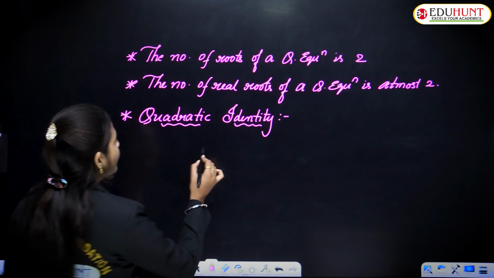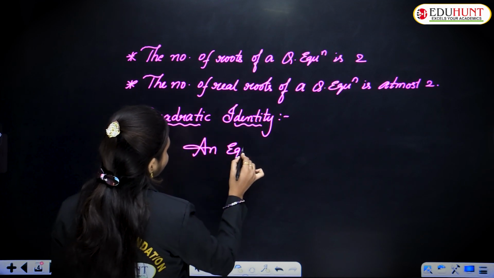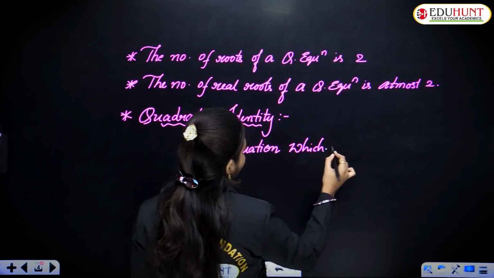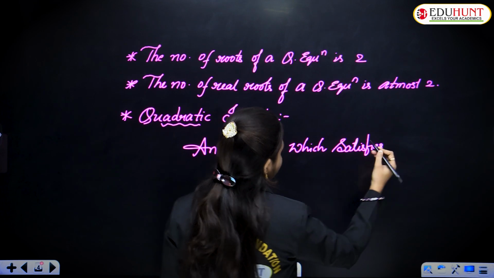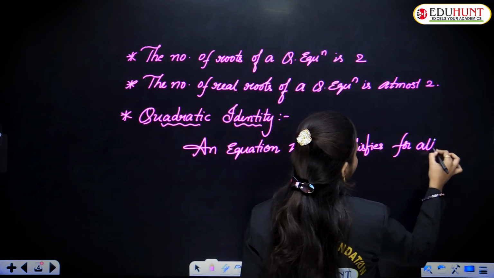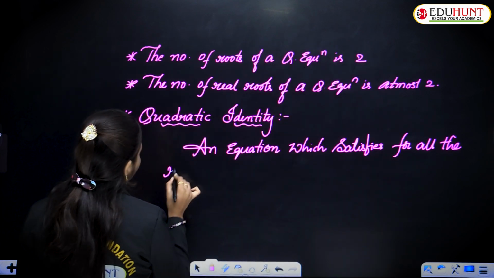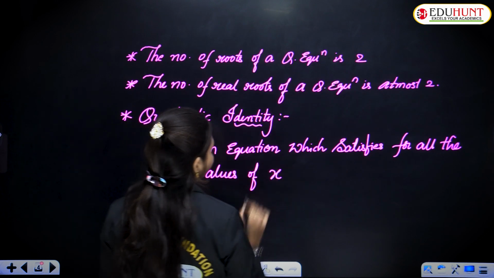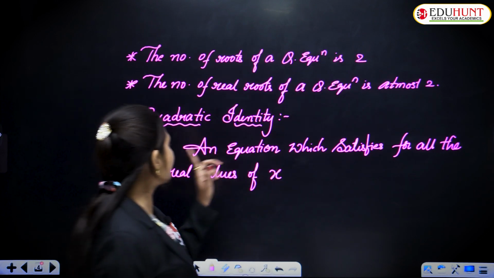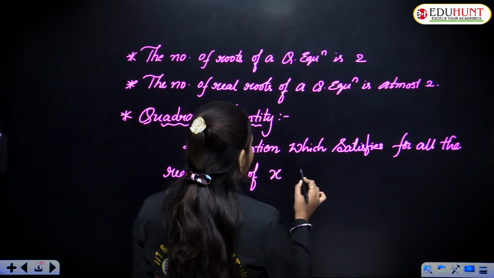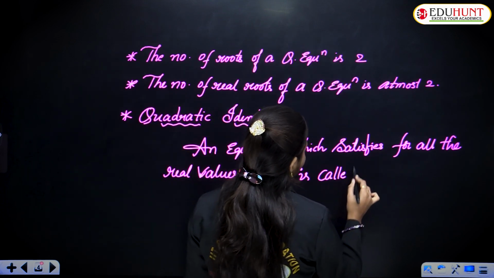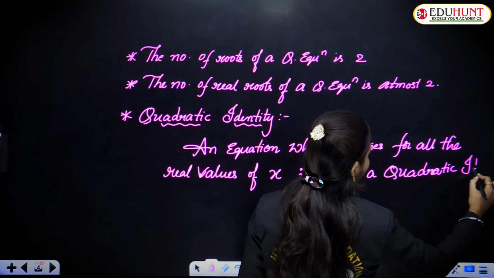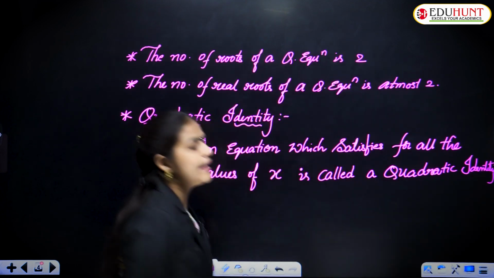Here the definition is: an equation which satisfies for all the real values of x is called a quadratic identity.